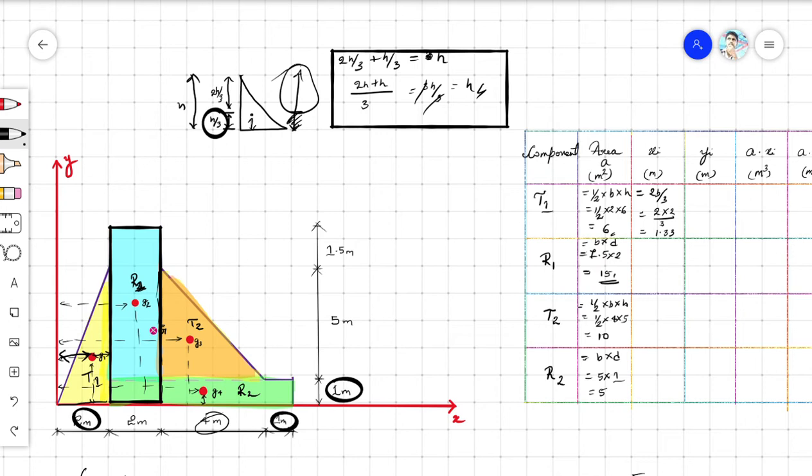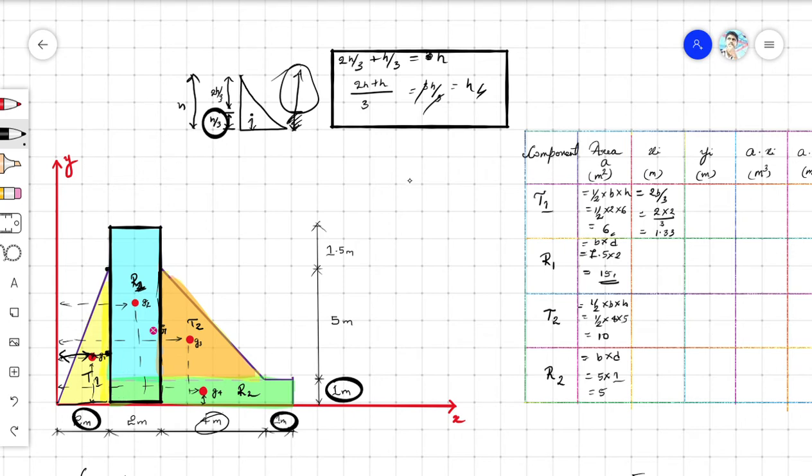But regarding yi, it is from the base to that point, but over here it is from the tip to that point. That's the difference. From those 2 points, if you see from here to here, it is always 2 into the total distance divided by 3, and this is just the total distance by 3.